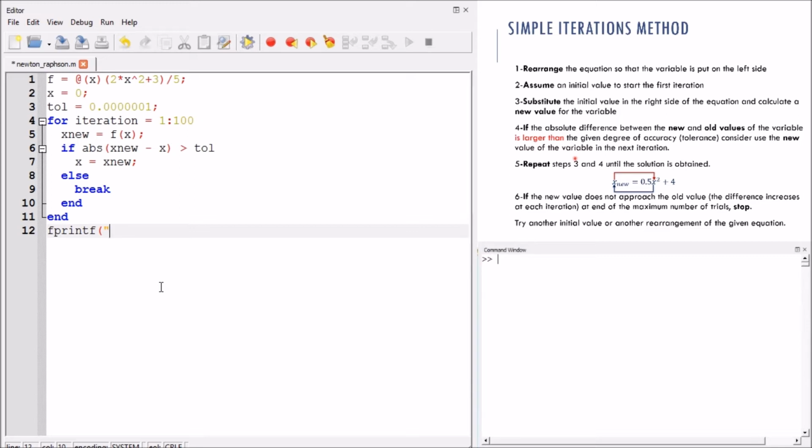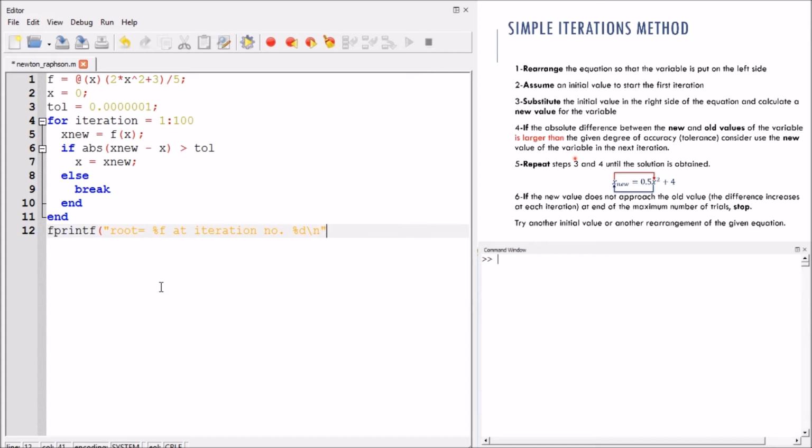So fprintf, and let's say x nu equals, well, let's say the root equals x nu at iteration number n.